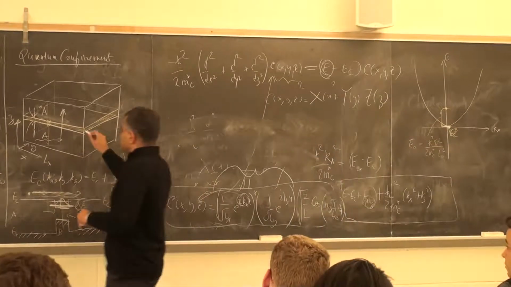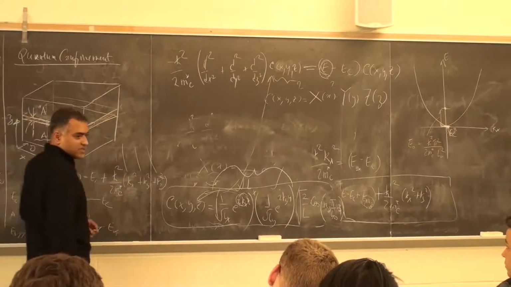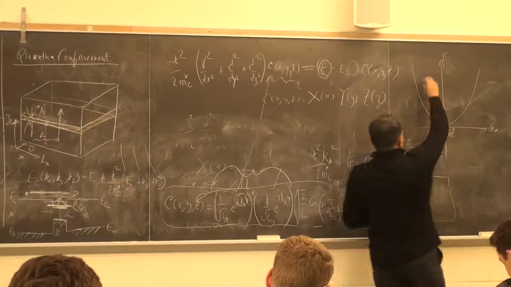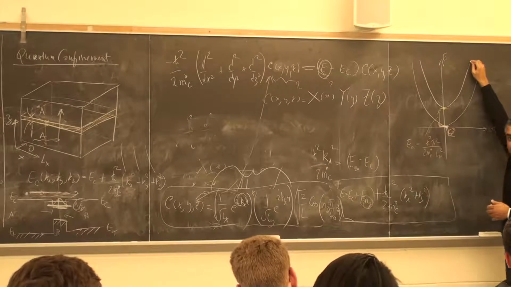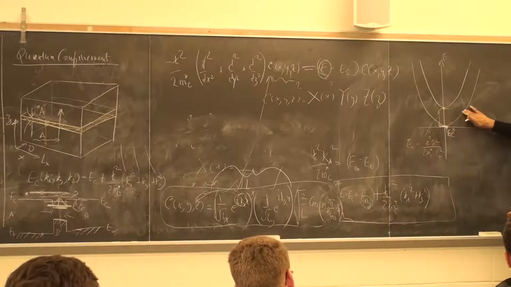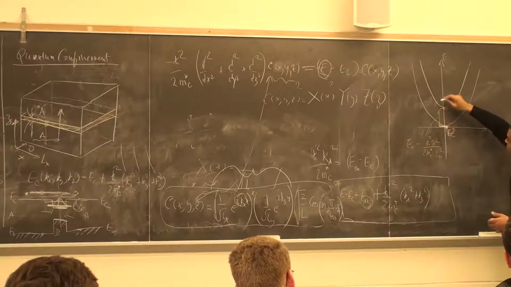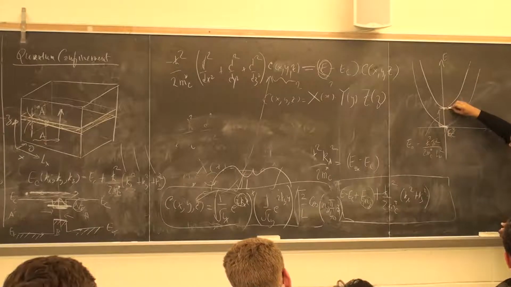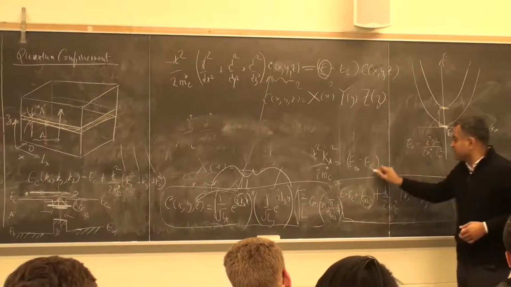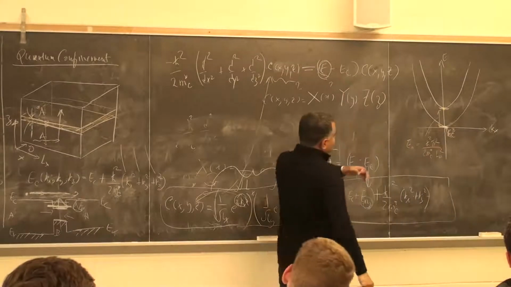There's nothing stopping it from moving freely in the xy direction, in which case the energy in the x direction will still look like a parabola here. Because of quantum confinement, you push this band up, and the minimum energy is here.